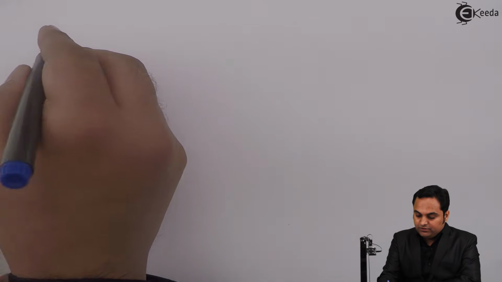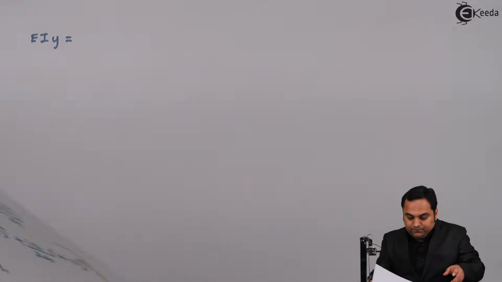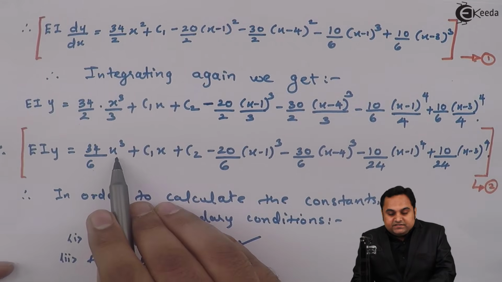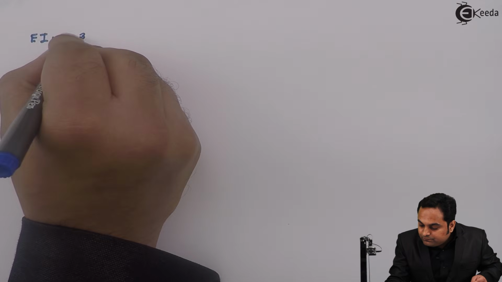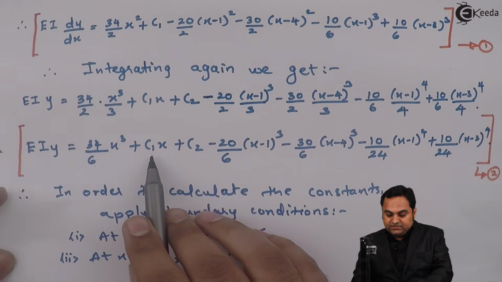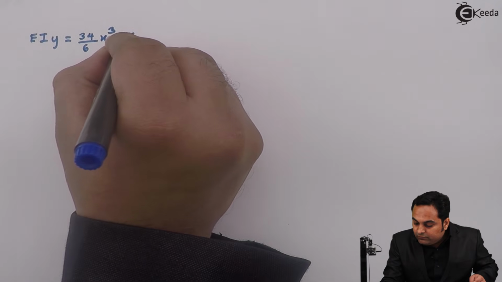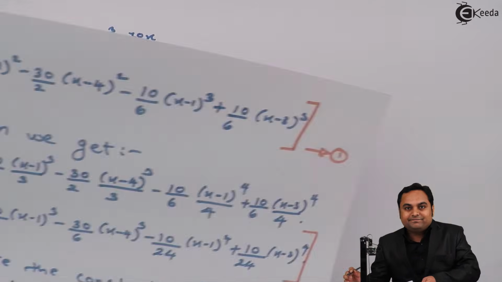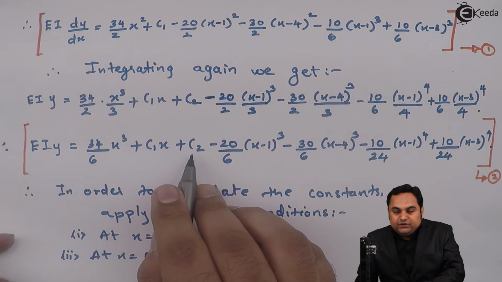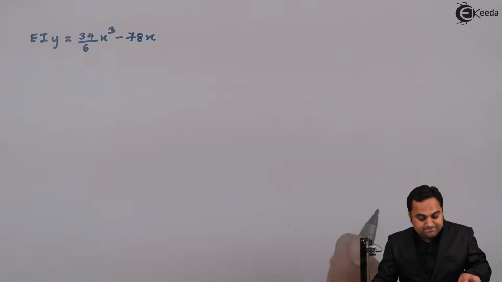So in equation second, on the left hand side we have EI into Y, and it is equal to 34 by 6 x cube plus C1 into x. C1 is minus 78, so minus 78 into x. C2 is 0, so no need to write that term. I'll copy the remaining terms as it is.